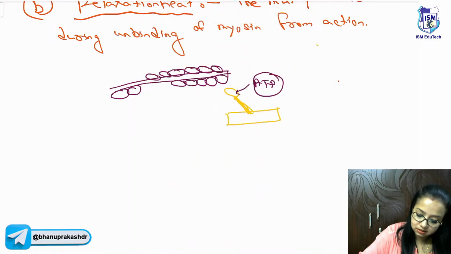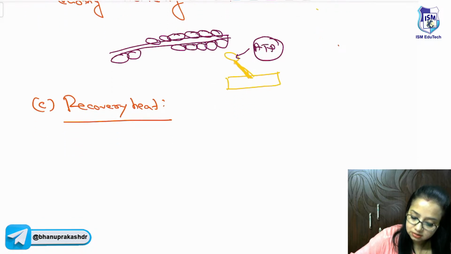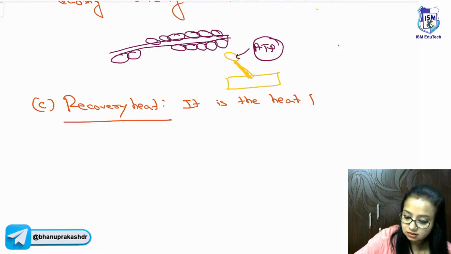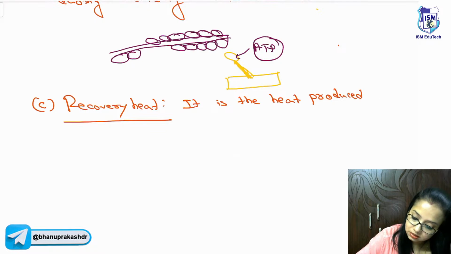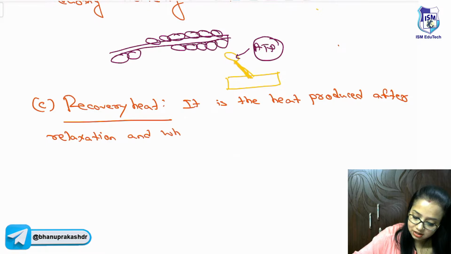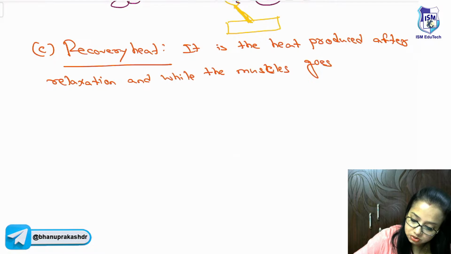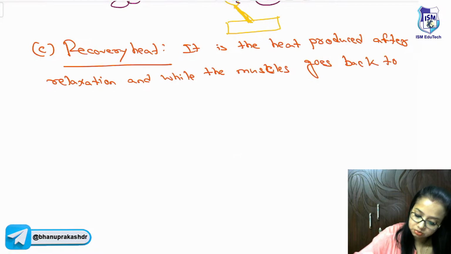Next one is the recovery heat. It is the heat produced after relaxation and while the muscle goes back to its original state.